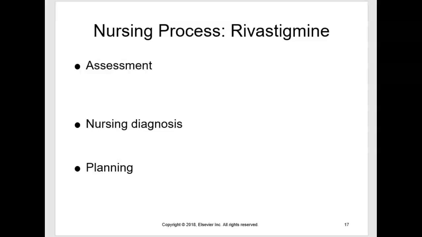We want to get a medical history, as well as a medication history, and also ask about any liver or renal disease or dysfunction. We want to ask about signs and symptoms associated with Alzheimer's. You can review those again on your own. And sometimes we need to ask family members if the patient isn't a good historian.